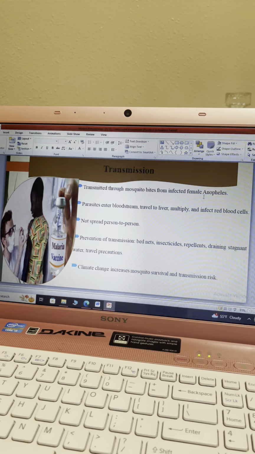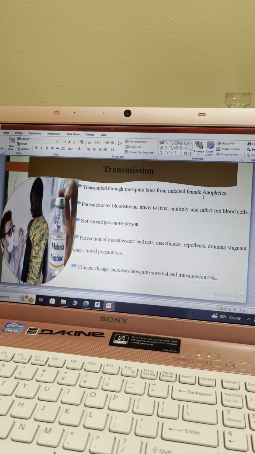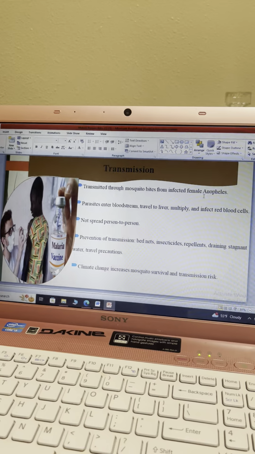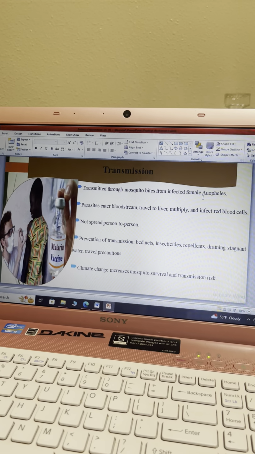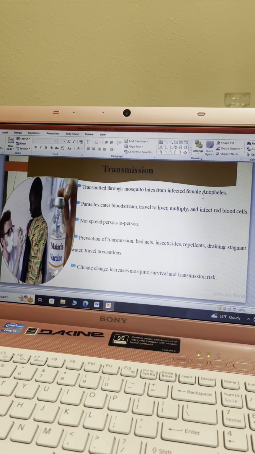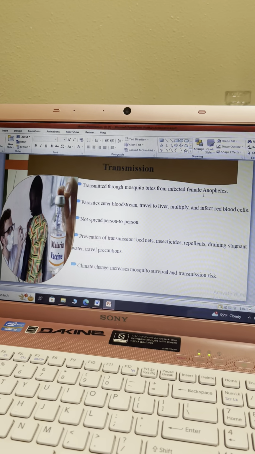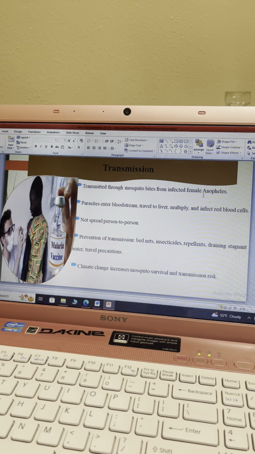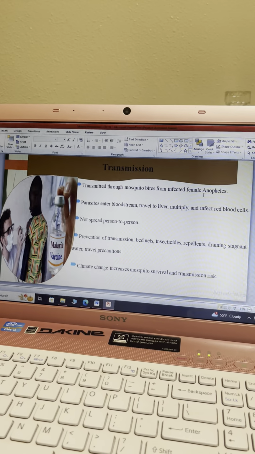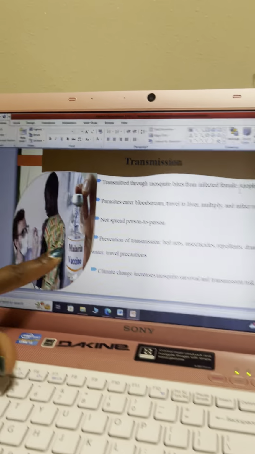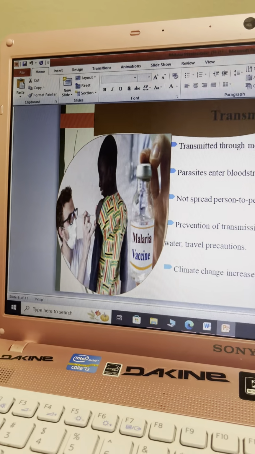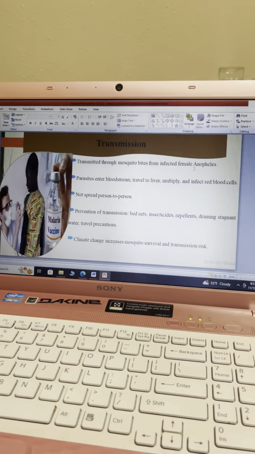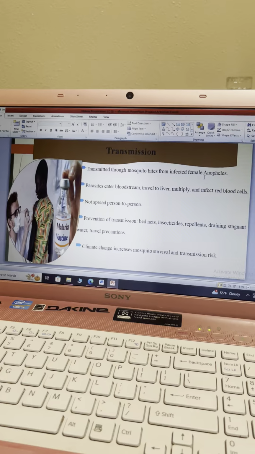The prevention of transmission includes use of bed nets, insecticides, repellents, draining stagnant water, and travel precautions. Climate change increases mosquito survival and transmission risk. On my left, I have a picture of an adult receiving a malaria vaccine, and this really helps with the prevention and treating of the disease.